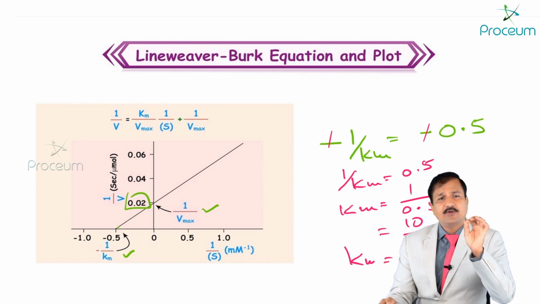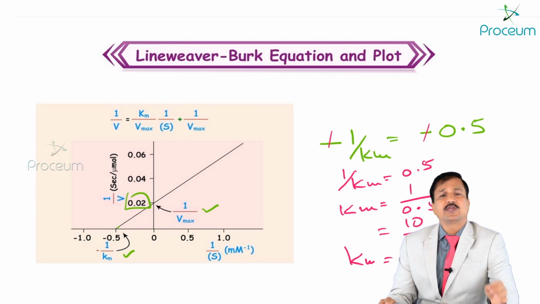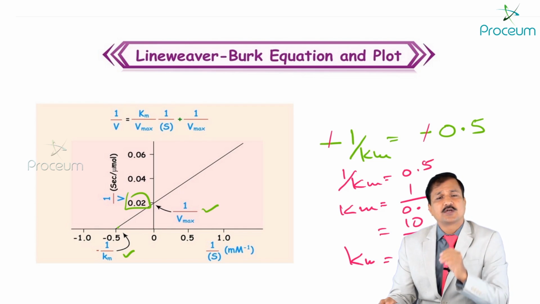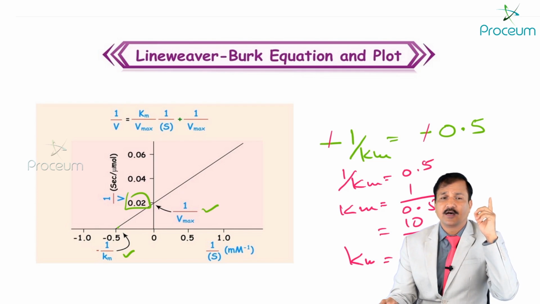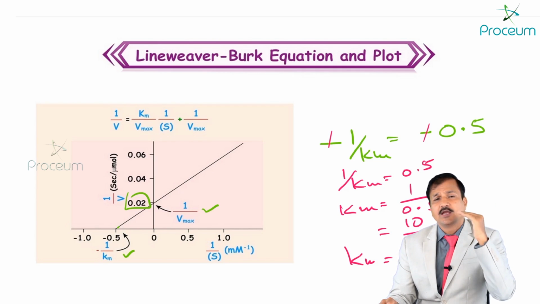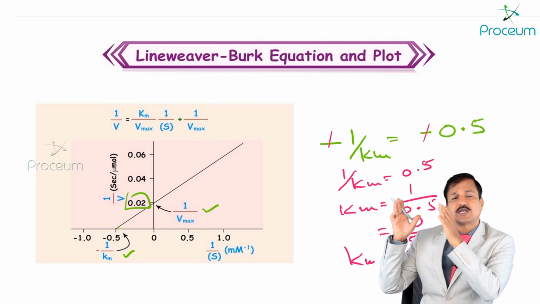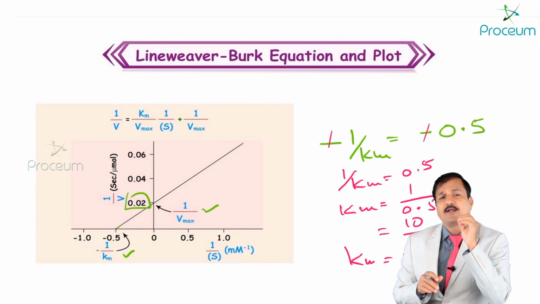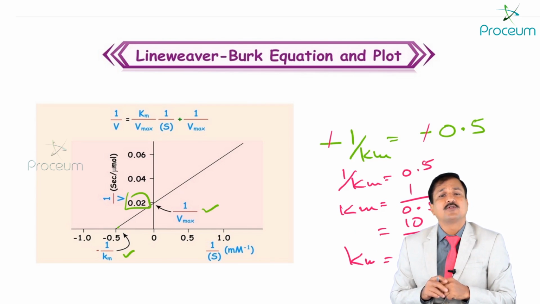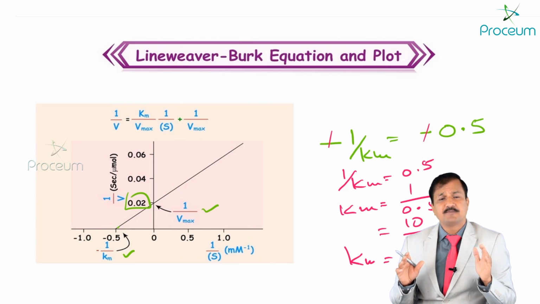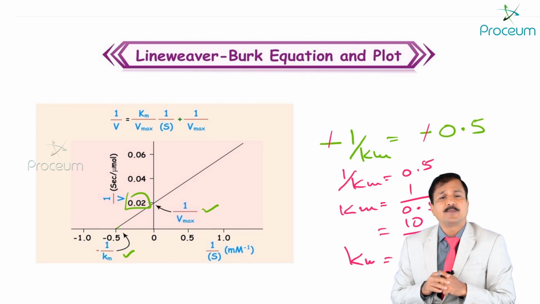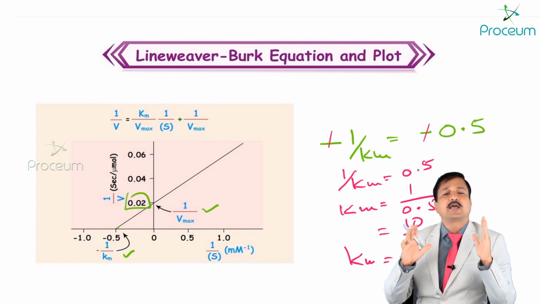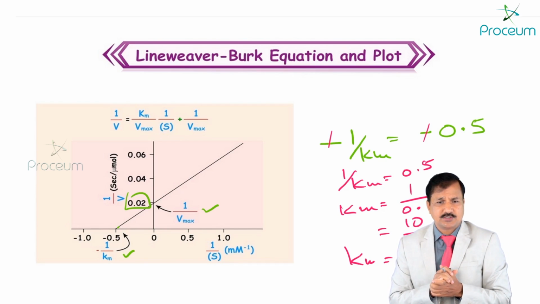The advantage of the Lineweaver-Burk plot is we can work at low substrate concentration and find out the Vmax, instead of in the Michaelis-Menten equation, where in order to find the Vmax we have to saturate the enzyme with so much substrate. That can be taken care of in the Lineweaver-Burk plot. In the exams, and in competitive and non-competitive inhibitions that we are going to see later, most of the time the Lineweaver-Burk plot is used.